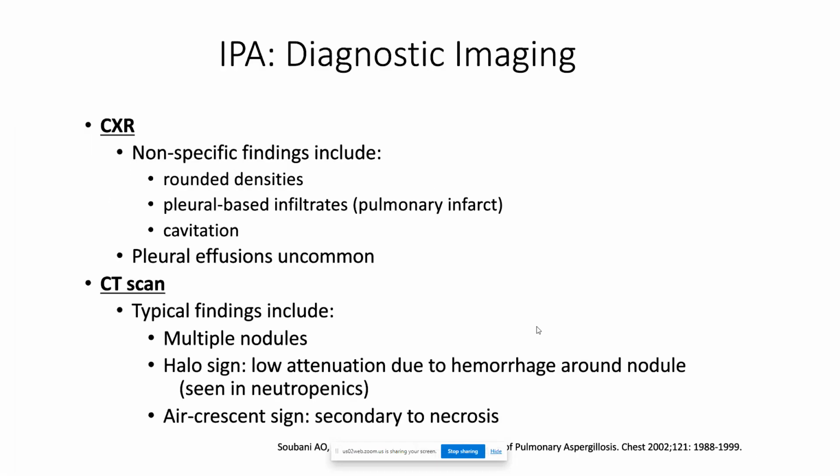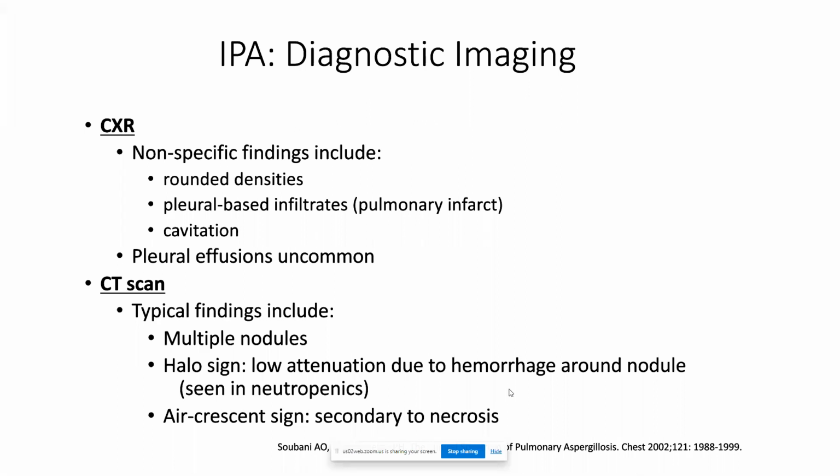So the diagnostic strategy: we get chest x-rays, they're non-specific. We can see some round densities, rarely some pleural-based infiltrates, and they sometimes cavitate. The pleural effusions are uncommon, as I mentioned. CT scans are more helpful. Often it's multiple nodules. I showed you a CT with the halo sign, and that perimeter on the halo is really from blood.